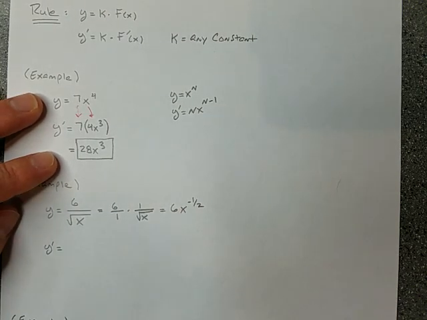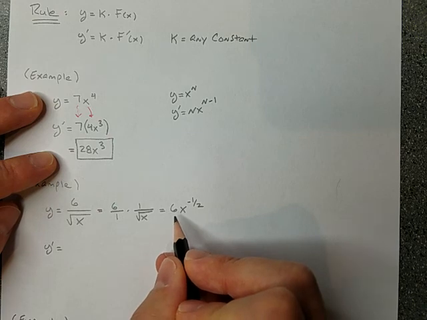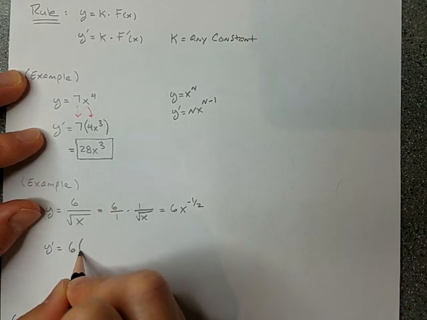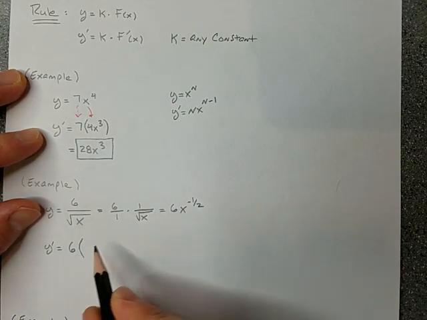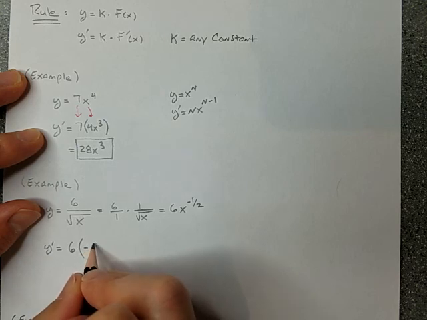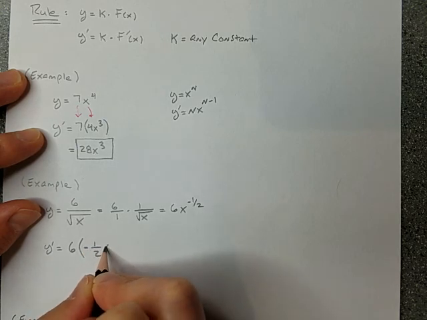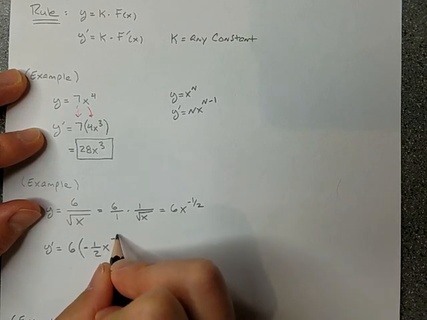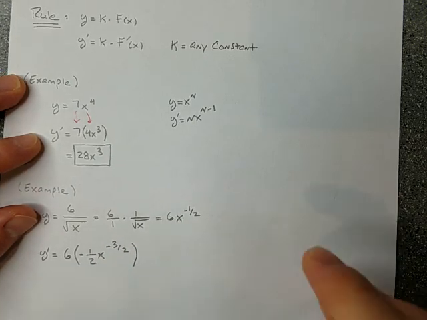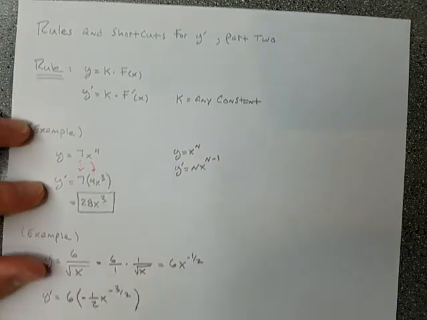So what's y prime? Well, what do you do with the 6? Not much. You don't do much with the 6. You carry it down. Okay. And then I multiply 6 times the derivative of x to the minus 1/2 power. So that would be minus 1/2 x to the minus 3 over 2, because I'm supposed to subtract 1 from that power.